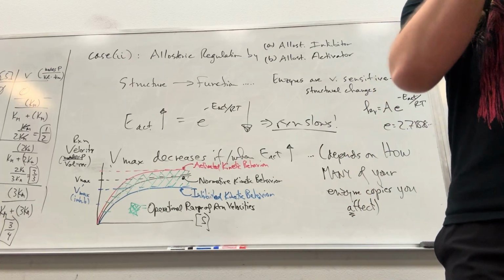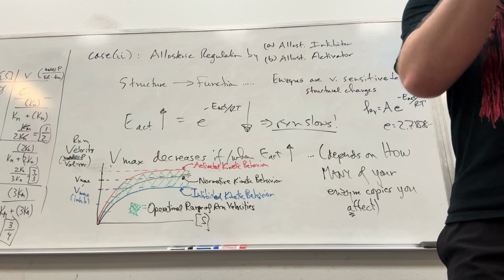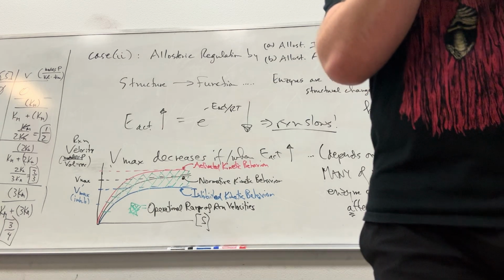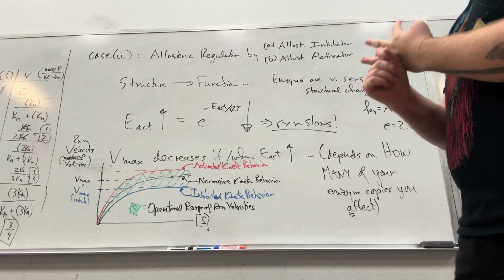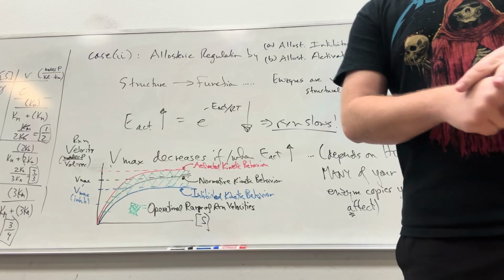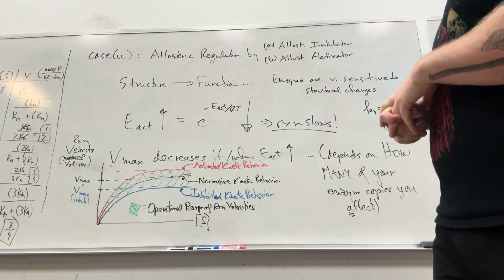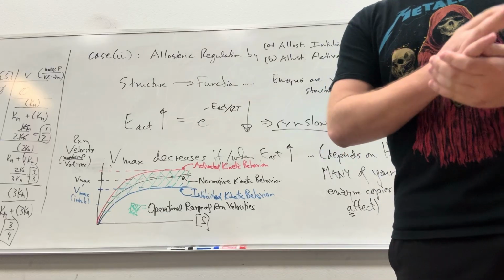So the first is by substrate availability. The second is by copies of enzymes, or like amount of enzymes. And the third is by regulation of those enzymes, either allosterically or covalently, so the modification of those enzymes.